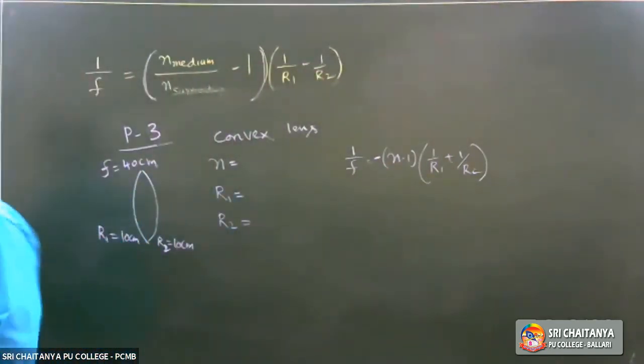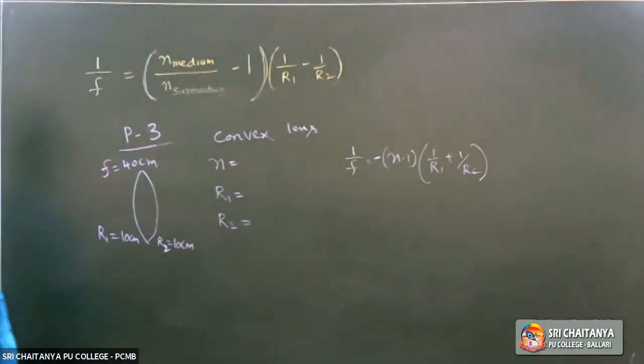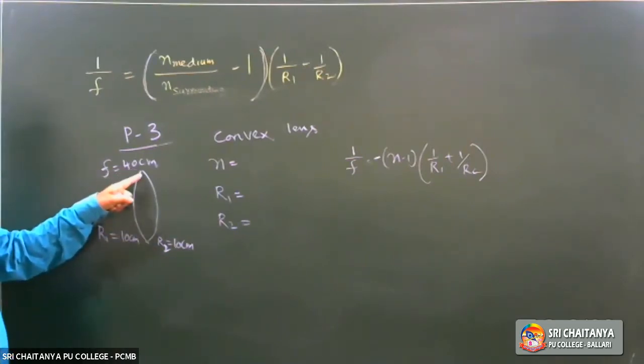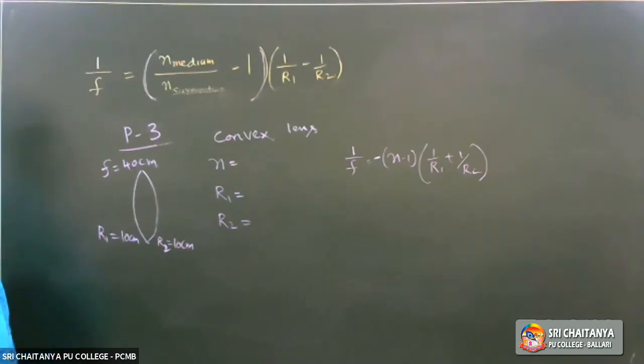It is an equiconvex lens. Why is it equiconvex? R1 is equal to R2. Focal length of the given lens 40 centimeters. You are asked to find out the refractive index of the material of the lens.